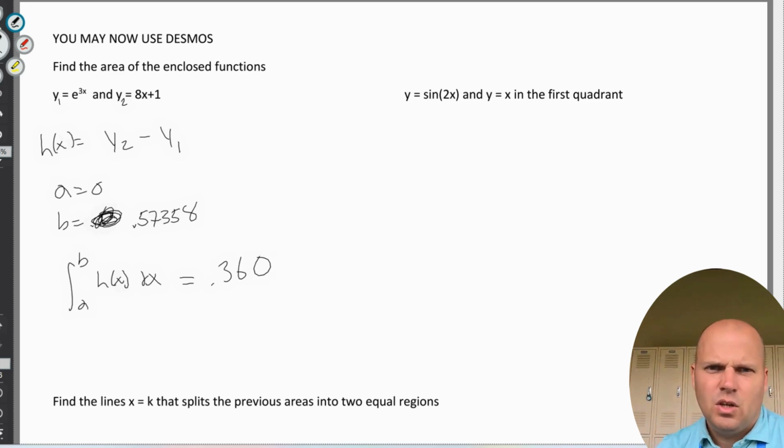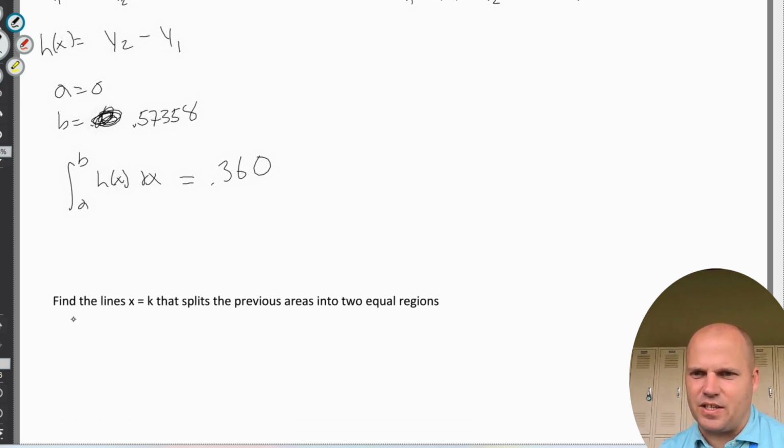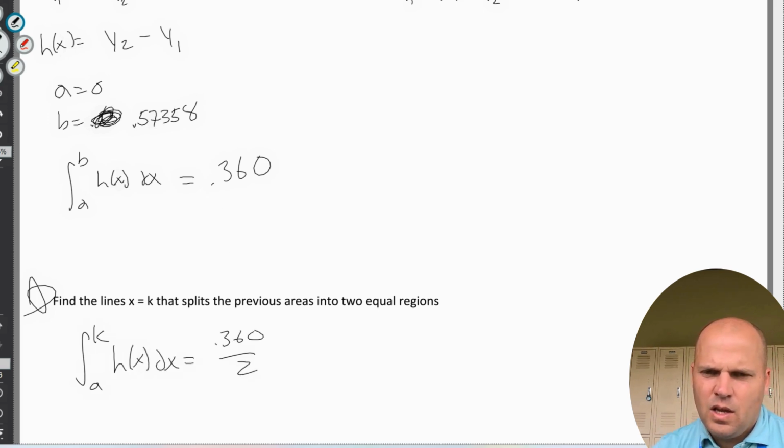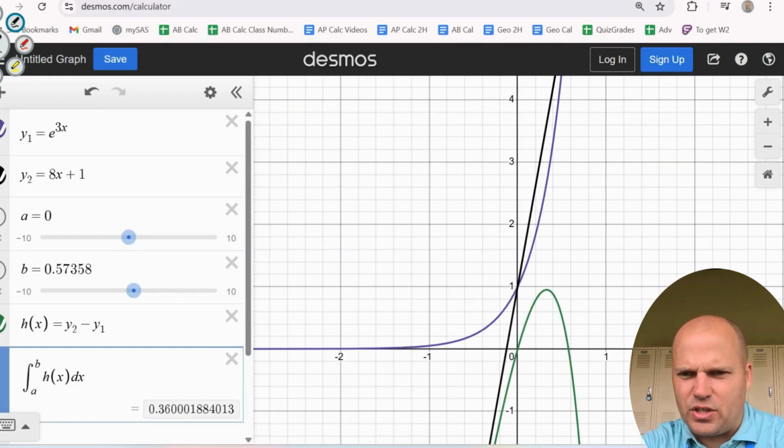All right. Let's call this y1 and y2. Actually, I'm going to go ahead and finish this because it says find the lines that split the previous area into equal regions. So I know that if I go from A to K, I am going to get half of the area. Now, I don't want that 0.360 divided by 2.